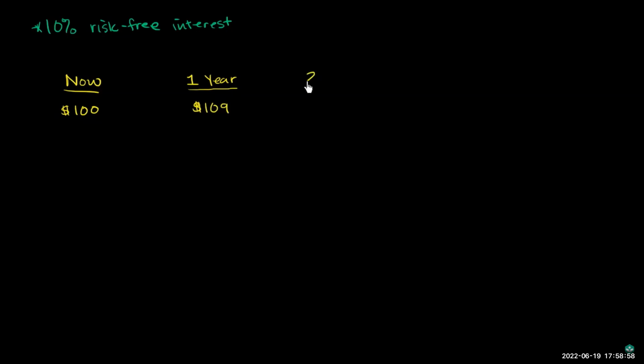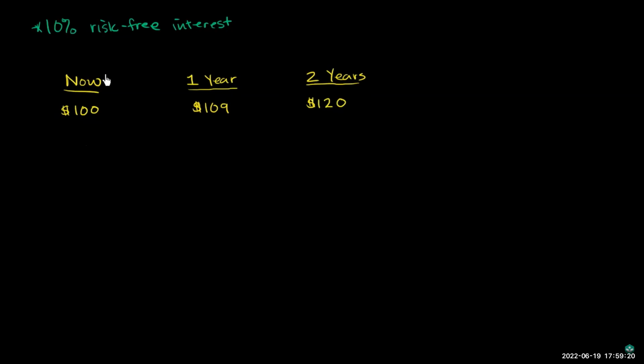And in 2 years, this is option 3, I'd be willing to give you $120. So someone walks up to you on the street: I can give you a $100 bill now, $109 in a year, or $120 2 years from now.